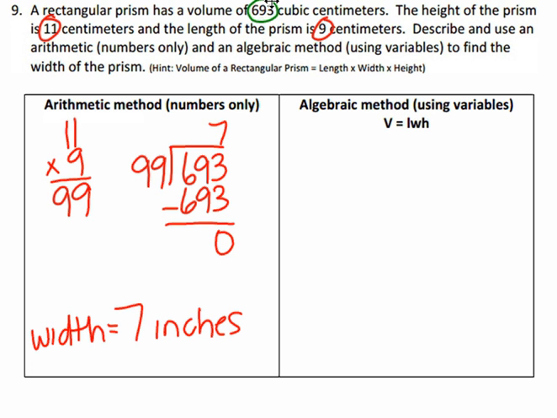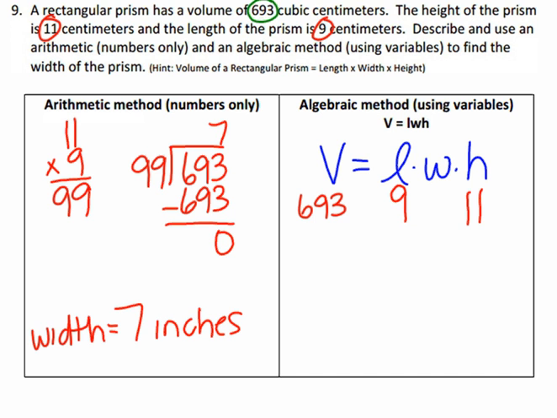Okay, now if we're going to solve this in a little bit more of an organized way, more algebraically, we're going to substitute in to our equation volume equals length times width times height. In place of volume, I'm going to put 693. In place of length, I'm going to put 9. In place of the height, I'm going to put 11. And then everything else, I'm going to drop down.